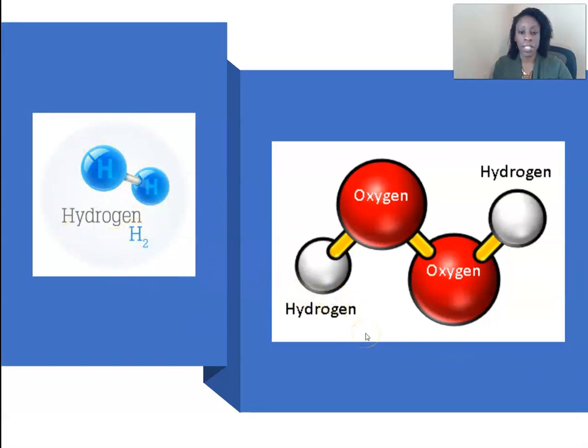Also, an atom can share its valence electrons with an atom of a different kind of element, like hydrogen and oxygen, as we see here. Now, we'll look more at how that sharing happens in just a little bit, but when atoms come together with that bond sharing their electrons, they form what's called a molecule, and the bond that's joining each atom together is a covalent bond. Now, this is the strongest kind of chemical bond there is, that covalent bond.